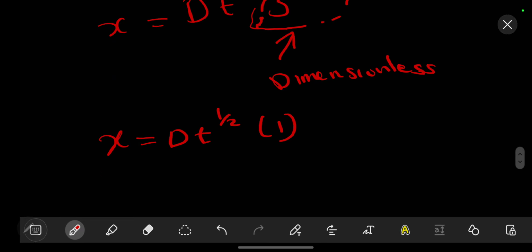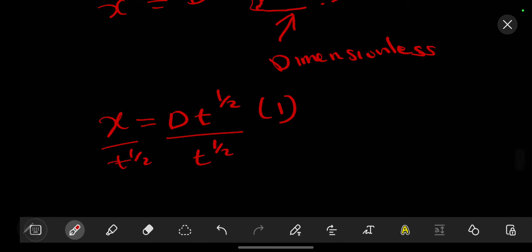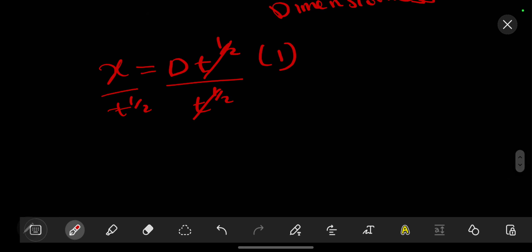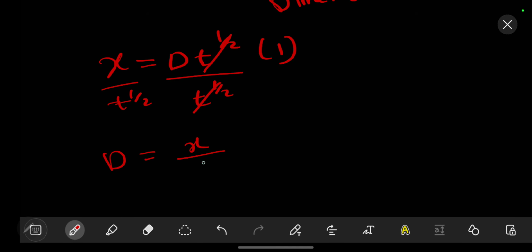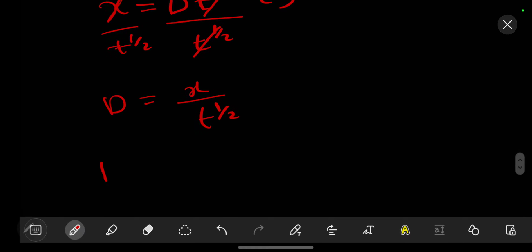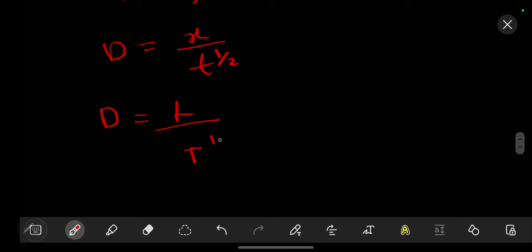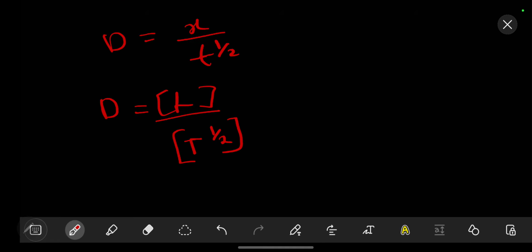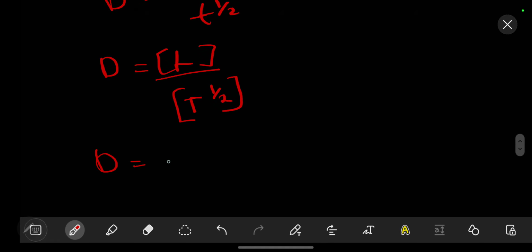So already we can leave d alone by dividing by t to the half, like that. Now to come up with the dimensions, this is what we are going to have. The dimensions of d will be equal to x, which is a distance, so it will be length over time t to the power of half, which can be written as L, then the t goes up and the power becomes negative, so t raised to the power negative half.